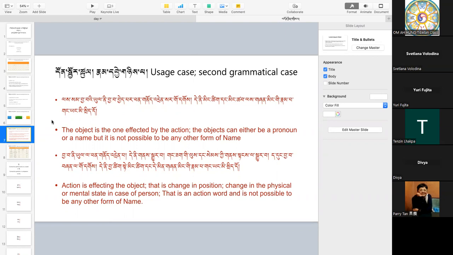It is either a pronoun or the name. Pronoun is preferably used when you have already stated the name one time. And then instead of stating the name again and again, you use a pronoun.